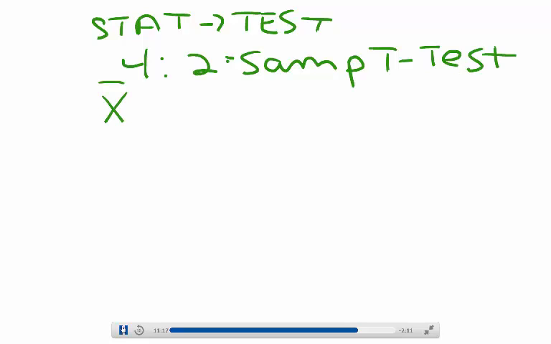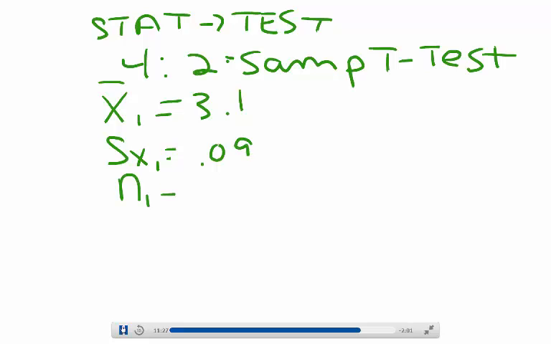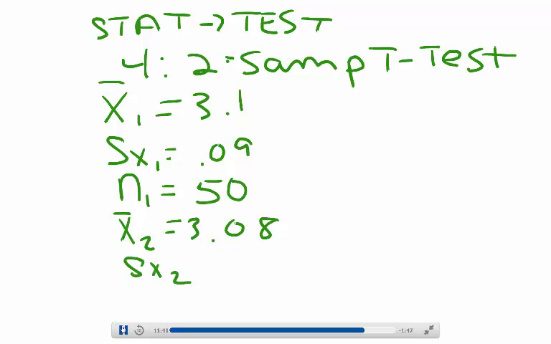From here, we'll put in our mean for our first group, 3.1, our standard deviation for the first group, which was 0.09, our sample size for our first group, which was 50. Then we'll put in our sample size for our second group. Our mean for our second group, which was 3.08, our standard deviation for our second group, which is 0.08, and our sample size for our second group, which was also 50.